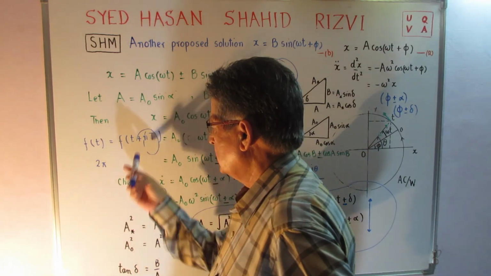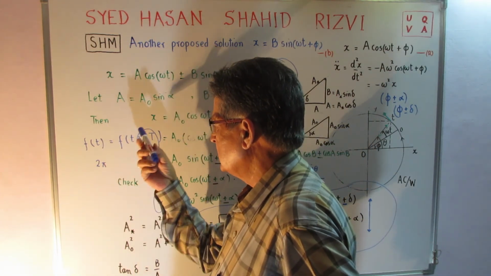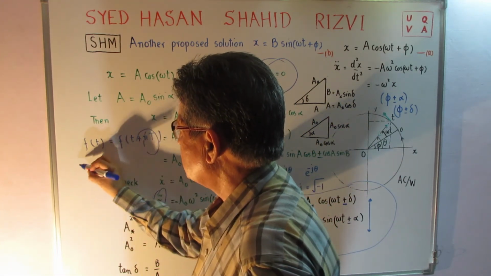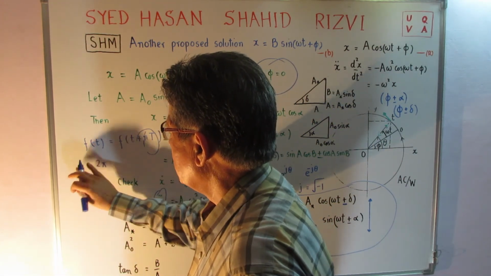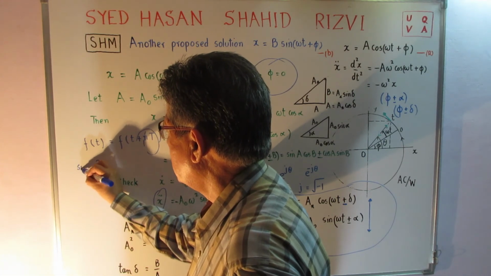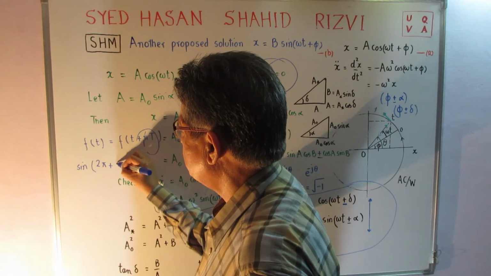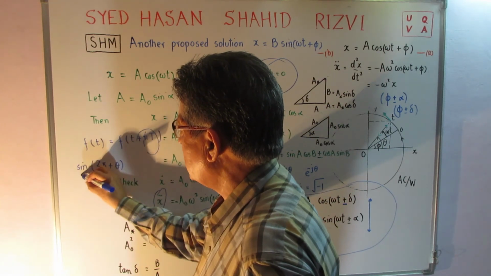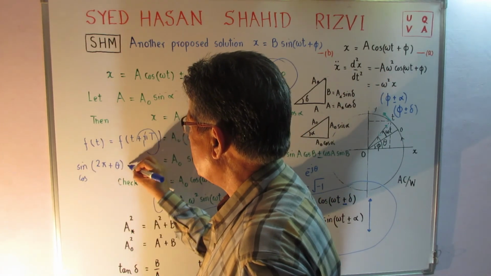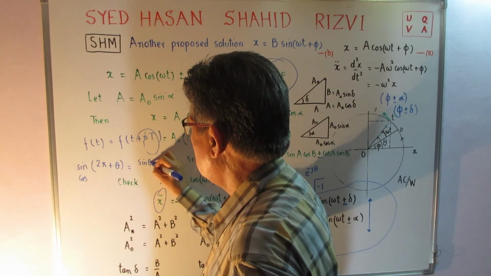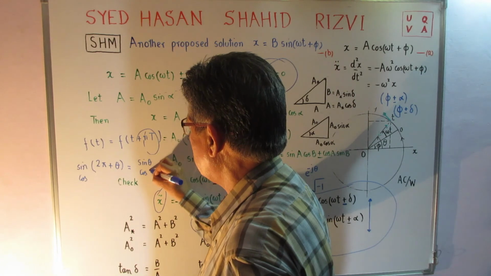If it is sine function or cosine function, you can see that sine of 2 pi plus theta, or cosine of 2 pi plus theta is equal to sine theta or cos theta respectively.